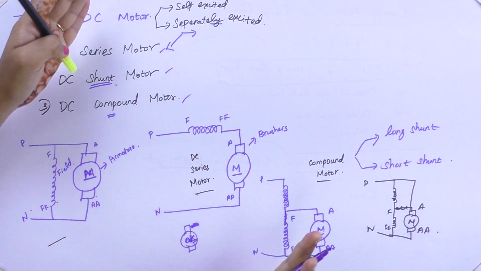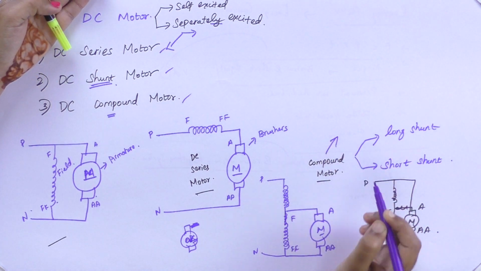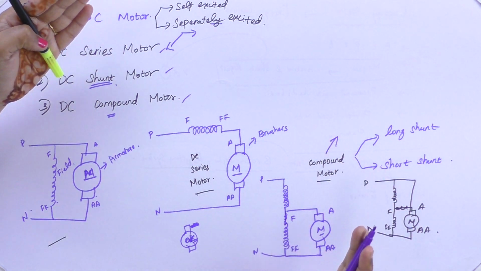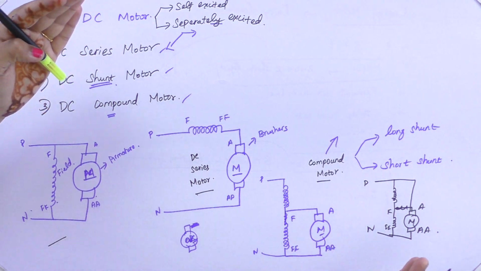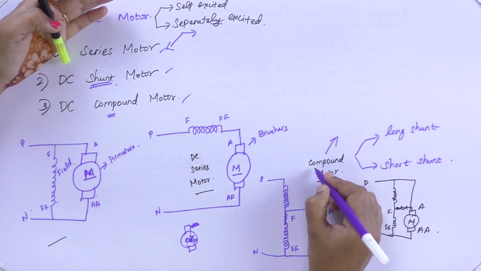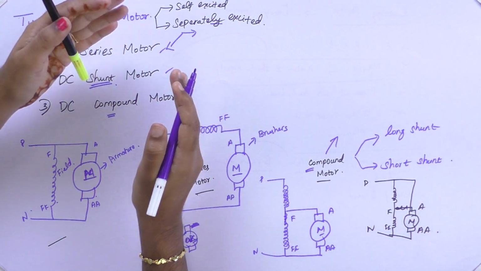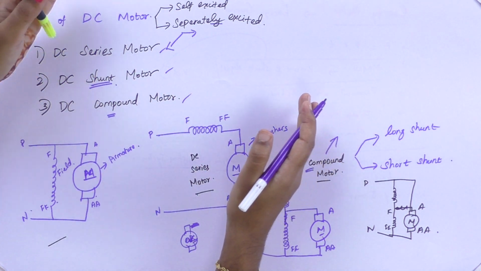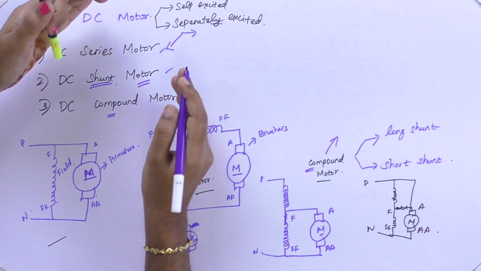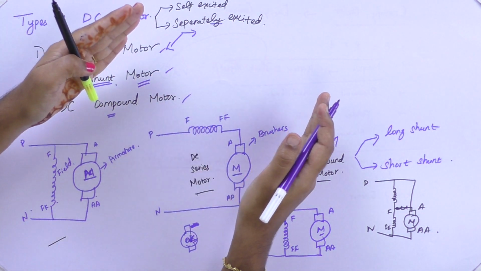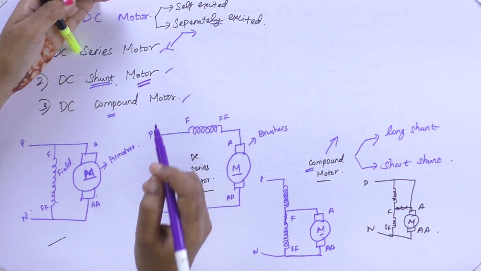If we are running a constant load of high power, we may go for compound motor. If we are going for constant running of the motor without any changes, in the low to medium power range, you may use DC shunt motor.